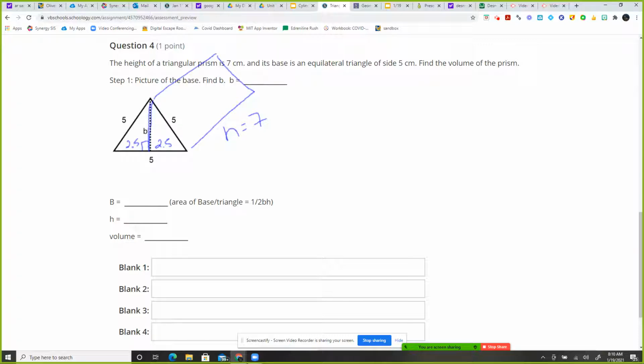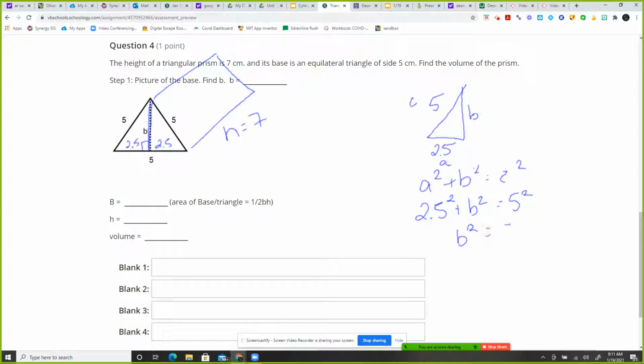How do I find the height of that base? I've got a new triangle, 5, 2.5, and I want to know what B is. How do I use Pythagorean theorem there? I've got A, B, and C. So 2.5 squared plus B squared equals 5 squared.